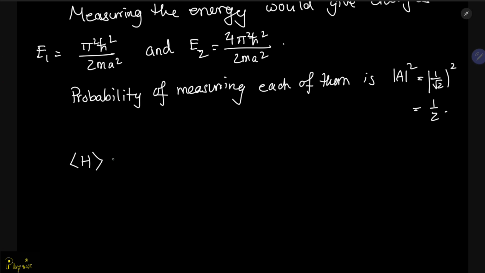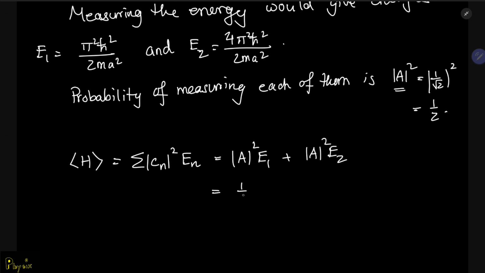And then again, we have to find out what the expectation value of the Hamiltonian is. And the expectation value of the Hamiltonian is basically the sum of all Cn squared E sub n, where Cn are the coefficients of your stationary states in the expansion of your total wave function, right? So in our case, the Cn's are basically your A's, all right? So you have A squared E1 plus A squared E2.